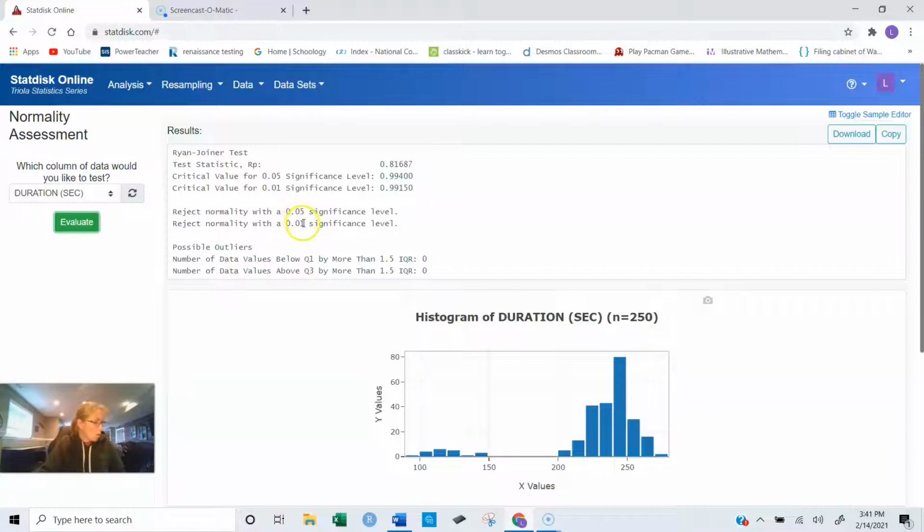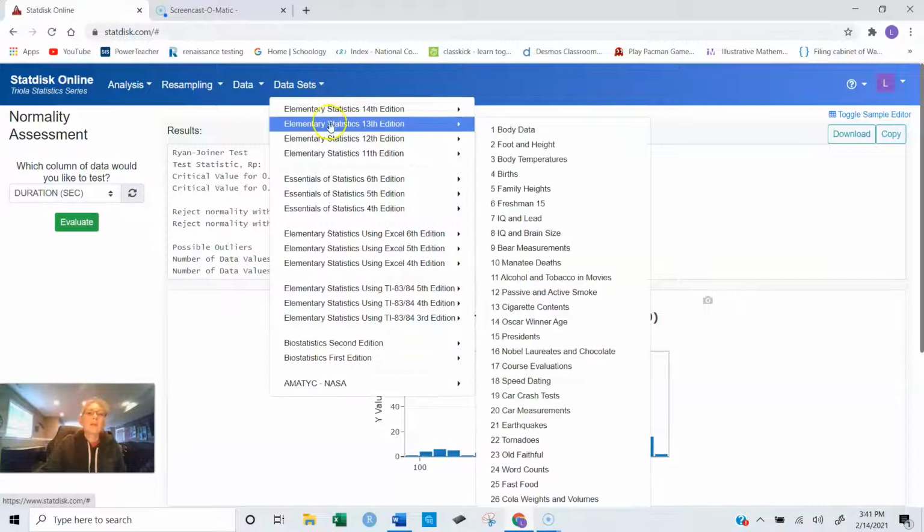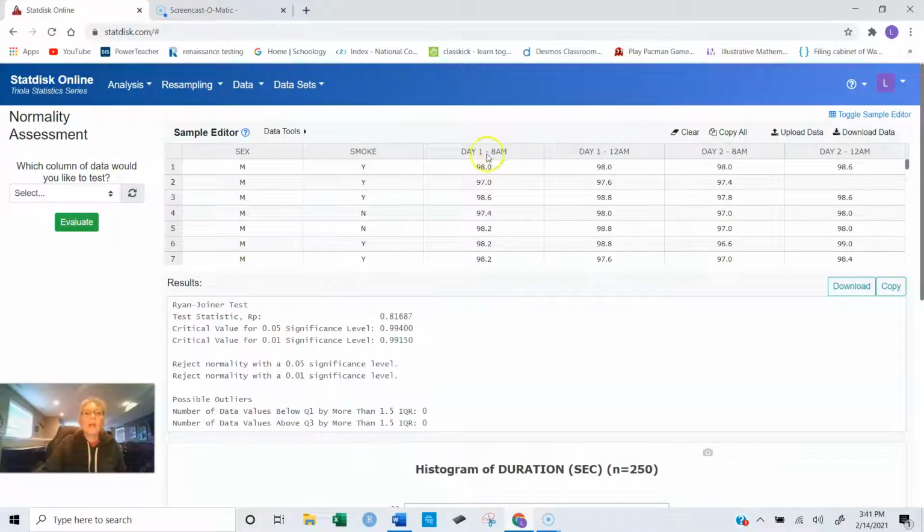It does not work. All right, I want you to use your data set and try body temperatures at 8 a.m. 13th edition, body temperatures, 8 a.m. So select 8 a.m. and evaluate.